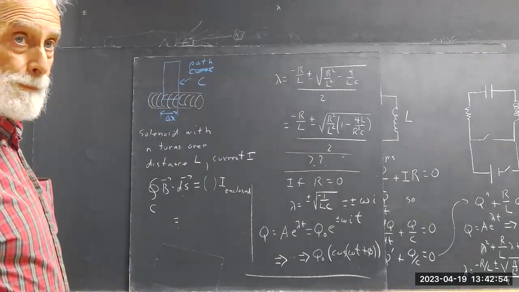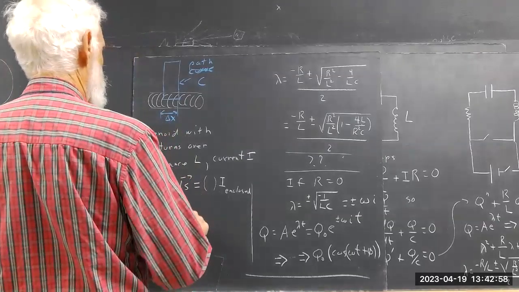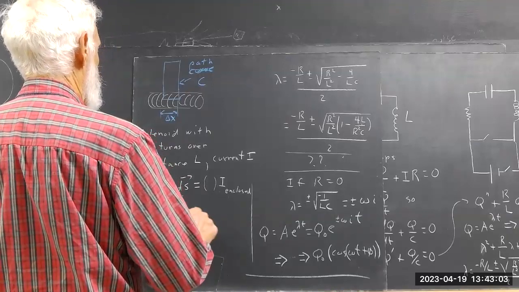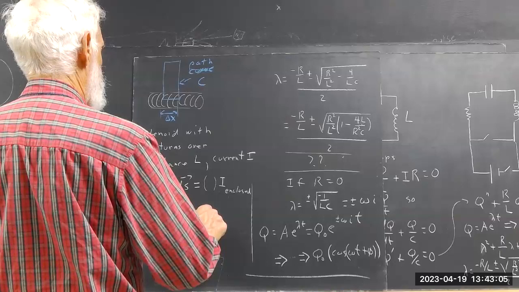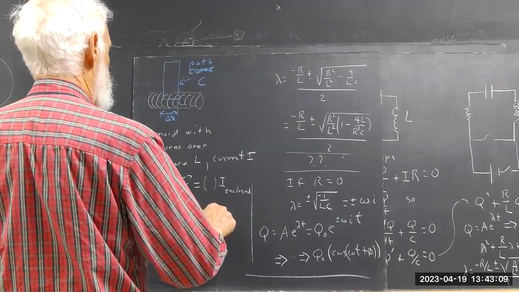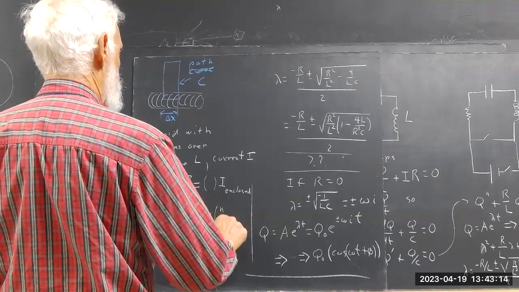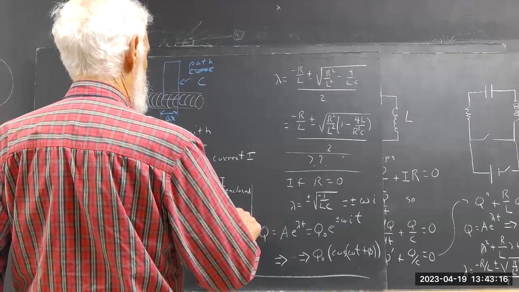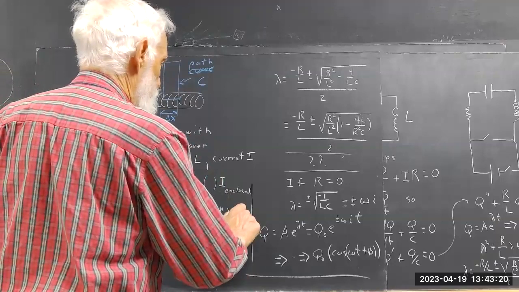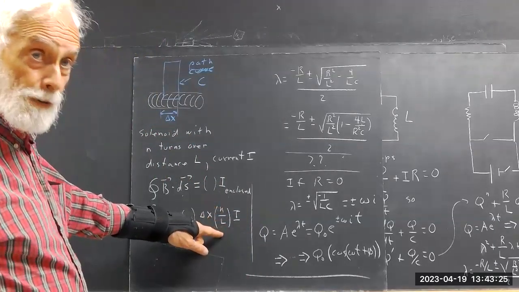This equals the appropriate multiple of delta X times N over L times I. This is how many turns you have per unit of length.